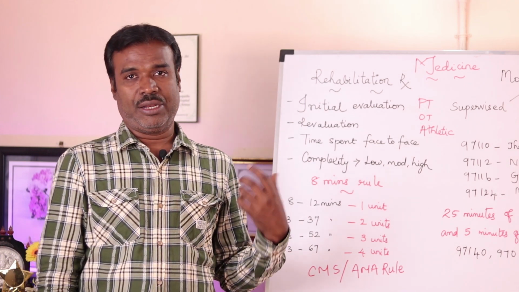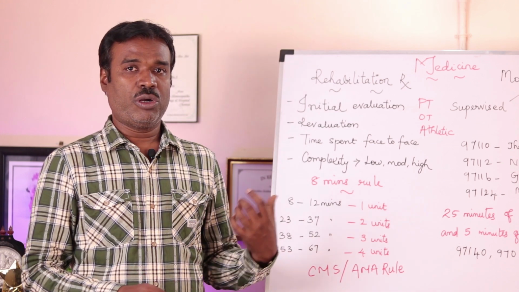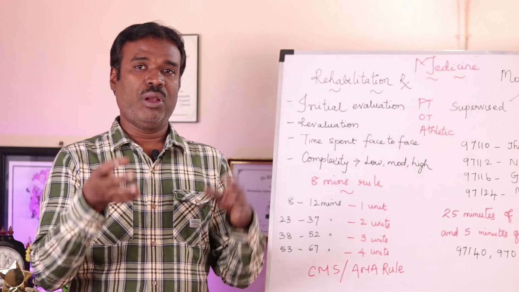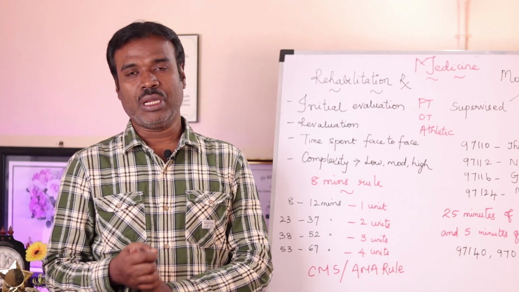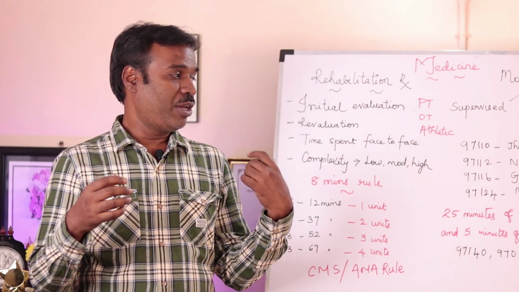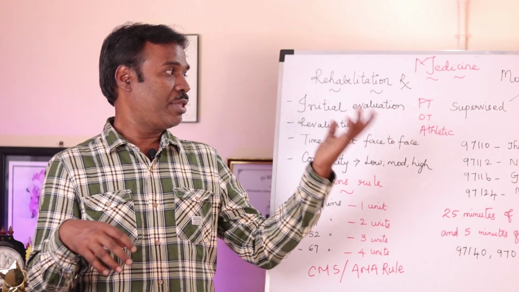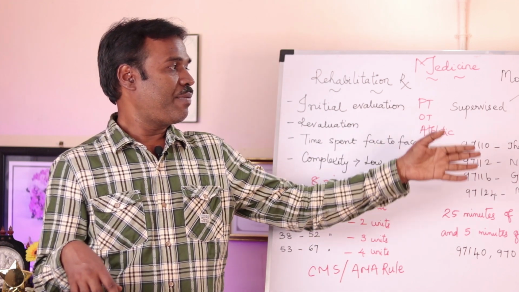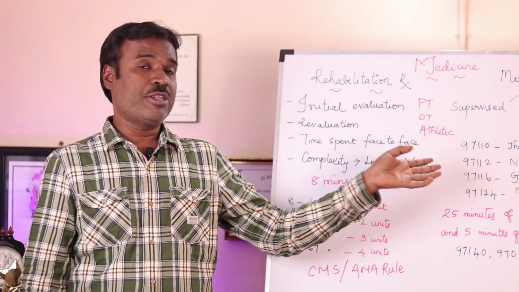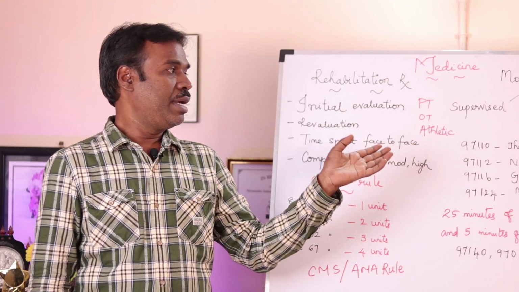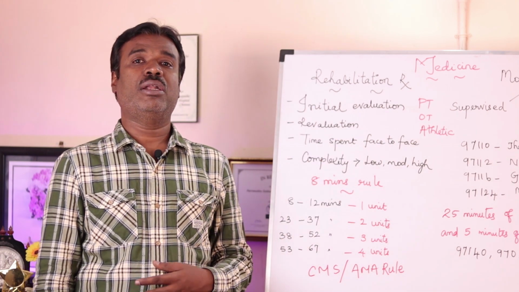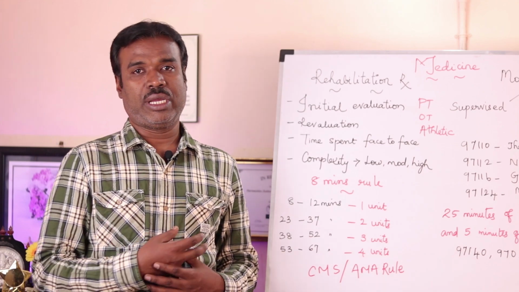Whereas with the Medicare or CMS guidelines, you will have to calculate the total timed session. Say for example, we have some codes here. 97110 is for therapeutic exercises, range of motion exercises. 97112 is NMR, neuromuscular re-education.